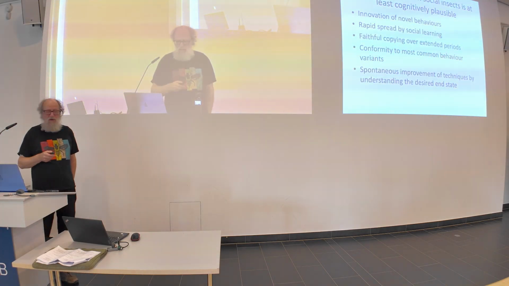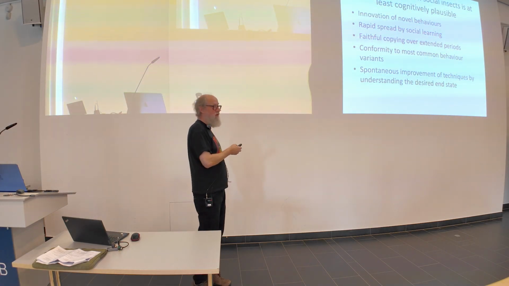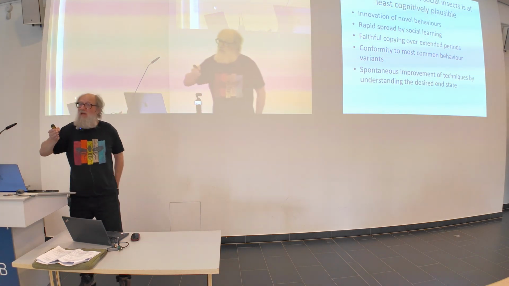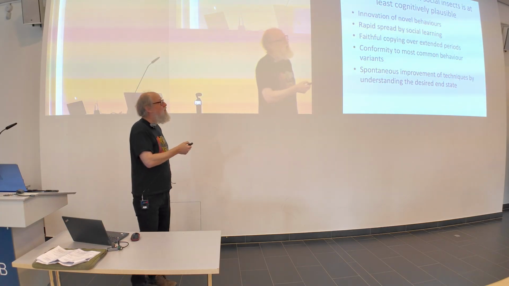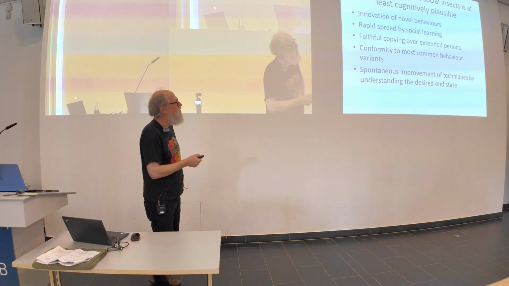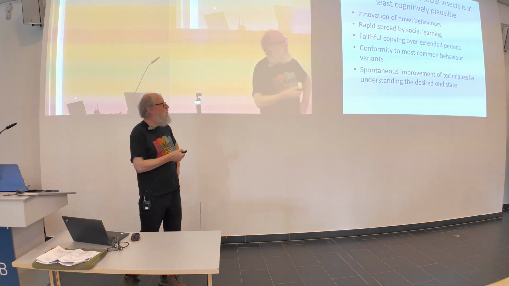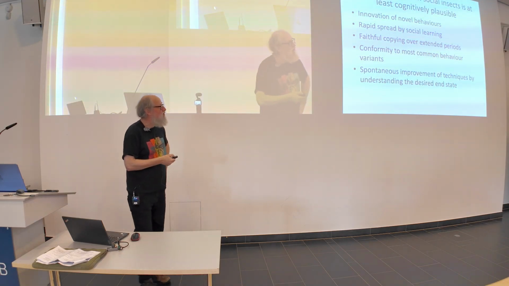So just to wrap up this section, we do have innovation in bees of novel behaviors that have not been performed by any individuals in these species' evolutionary past. We find a quite rapid spread by social learning through colonies. We find with our puzzle boxes that there's faithful copying over extended periods and a conformity to the most common behavior.